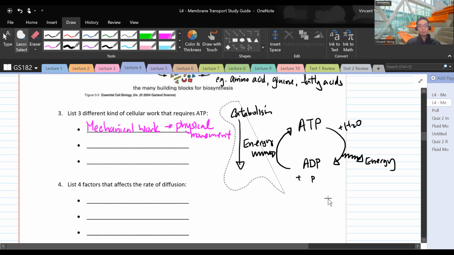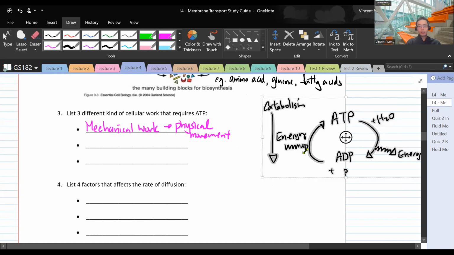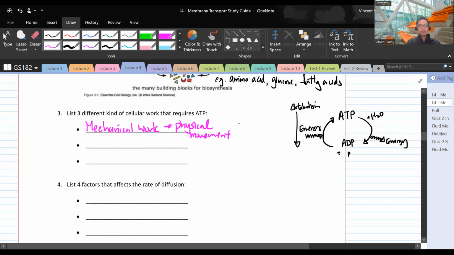Okay, so to move your hands, to move your legs, to walk around, to run around, all that physical movement actually does require ATP. So for example, muscle. That's called mechanical work.